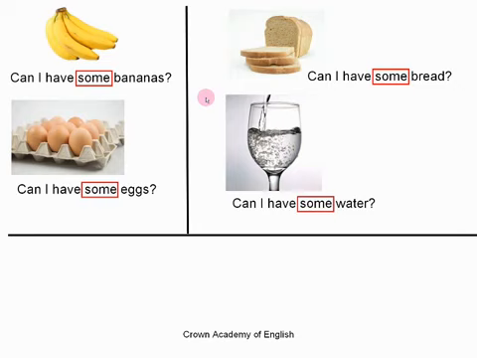And on the left, for the countable nouns, we have the plural, so we only use the word some if the countable noun is in the plural. And on the right, they are uncountable nouns, so that is always in the singular.